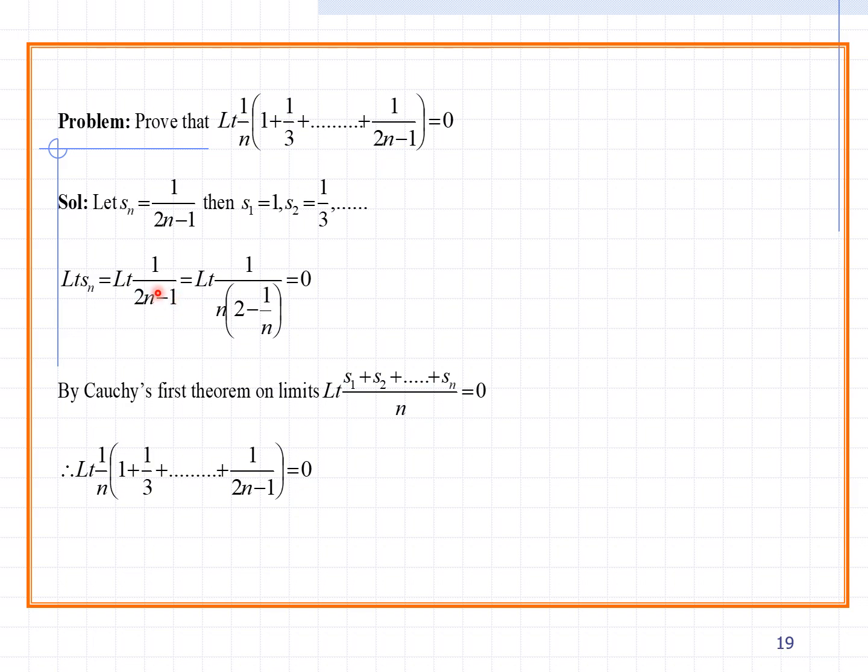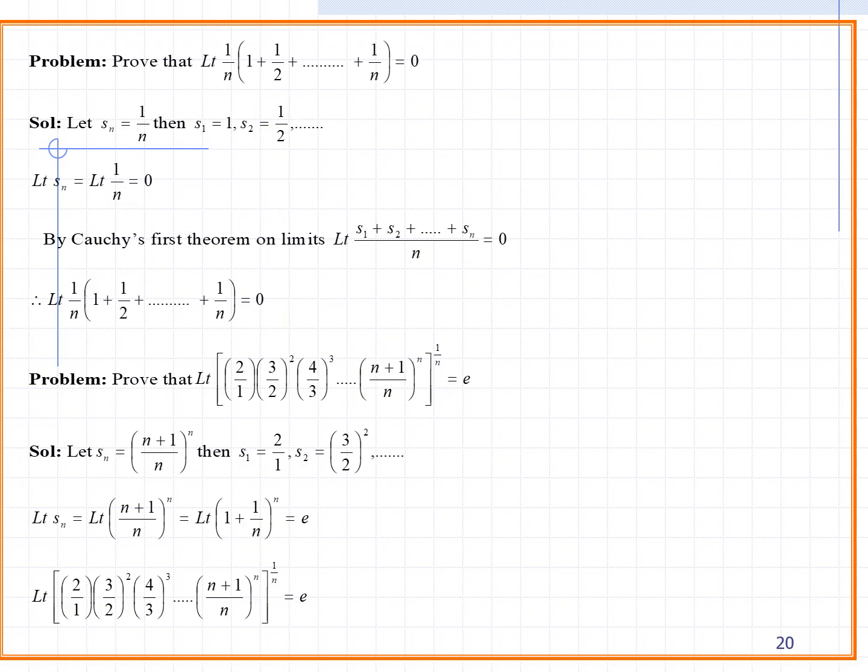So 1 by 2n minus 1 is there. Once n tends to infinity, you can take n as common, so n into (2 minus 1 by n). Now n is replaced by infinity. So 1 by infinity is 0. By Cauchy's first theorem on limits, limit (s1 plus s2 plus so on Sn) by n equals 0. So therefore this total term is 0. By Cauchy's first theorem on limits, using the limit property, you got 0.